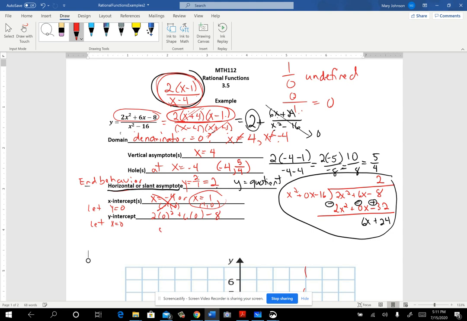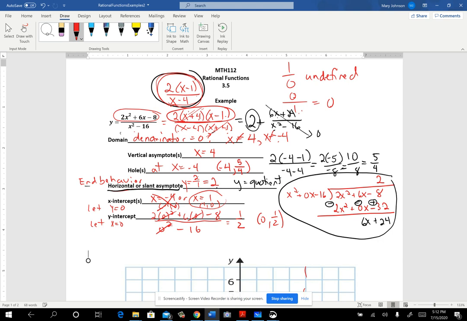I just want to show it to you so you see what happens. Do you see how everything is gone except for the constant terms at the end? And so what you get is really -8 over 16, which is 1/2. And so the y-intercept turns out to be 1/2, or the point (0, 1/2).